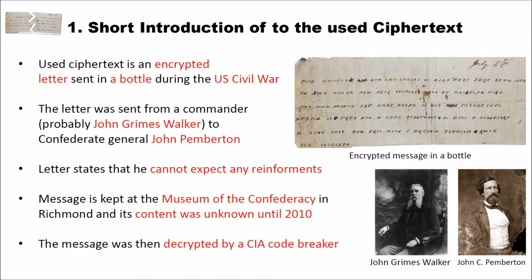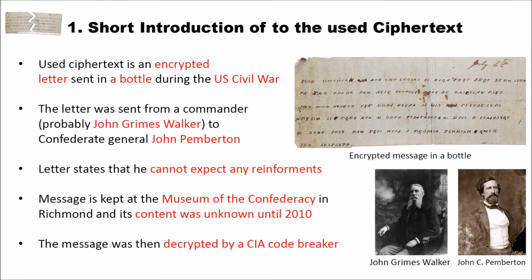In this video I want to use a ciphertext which is an encrypted letter which was sent in a bottle during the US Civil War. You can see the encrypted message on the right side here. And this letter was sent from a commander, probably John Grimes Walker, to Confederate General John Pemberton. And the decrypted letter states that he cannot expect any reinforcements.